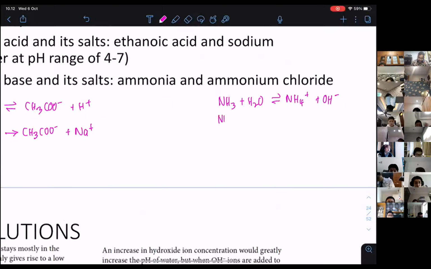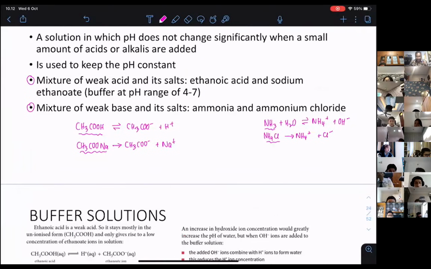So another one is ammonium chloride, one of the salts, and it will give you the ammonium ion and Cl- ion. The combination of this and this is going to be known as a buffer solution. So you must combine. And I will teach you now how a buffer solution actually works.